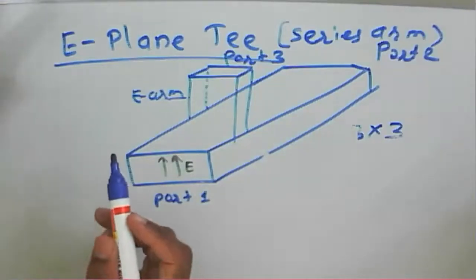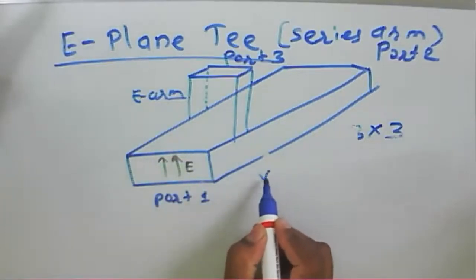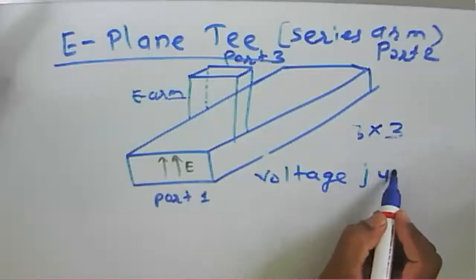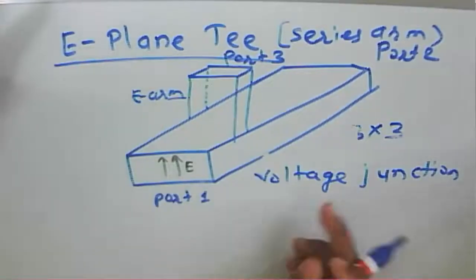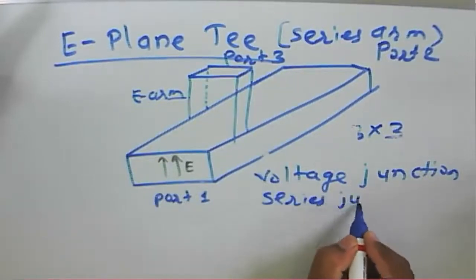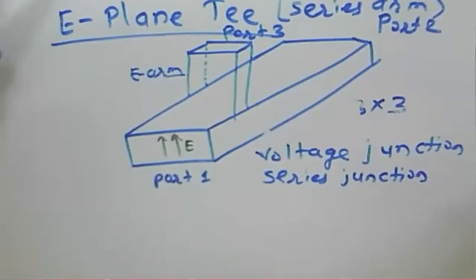Again, we can say that this particular junction is called a voltage junction, or a series junction, for this particular E arm.